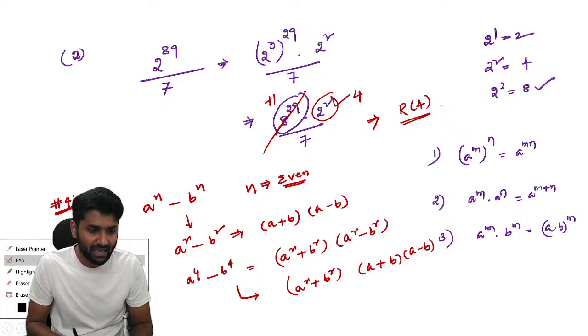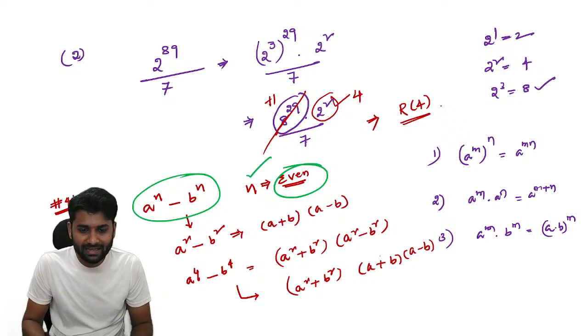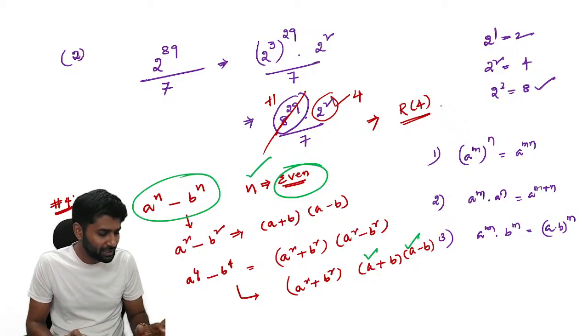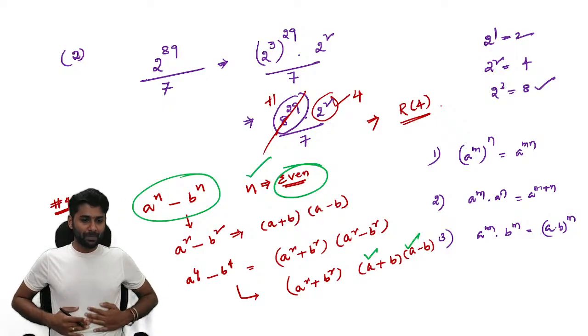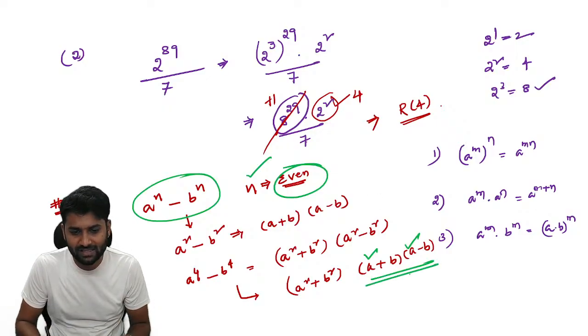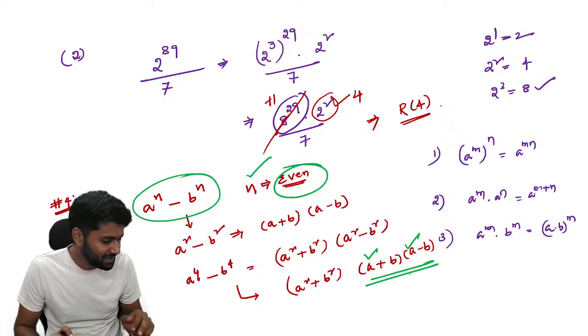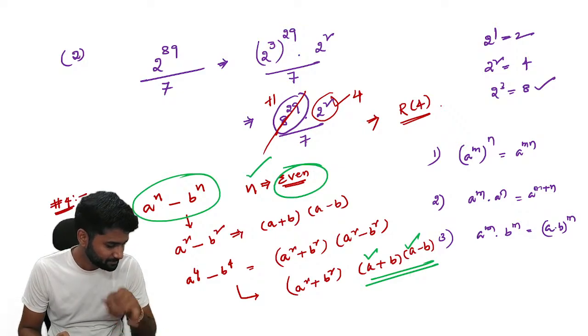It means if a power n minus b power n, with n an even number, it is always divisible by a plus b into a minus b. Is it clear?